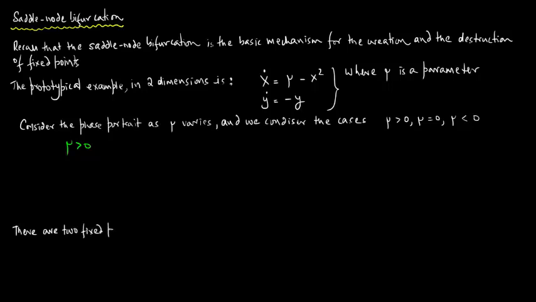Now here there are two fixed points, x star y star is equal to the square root of mu, 0, and x star y star is equal to minus the square root of mu, 0.